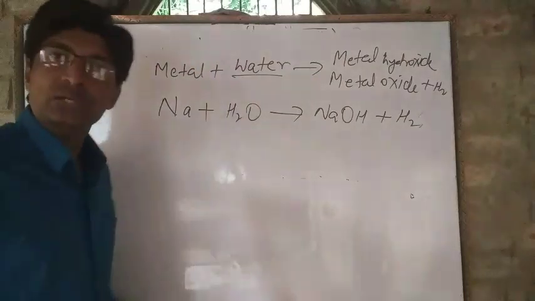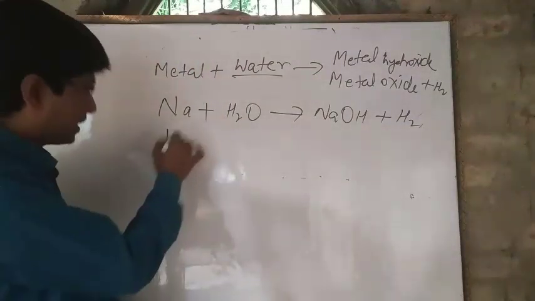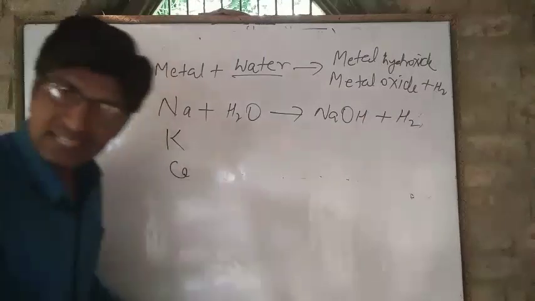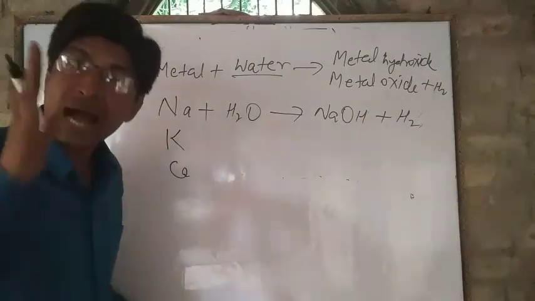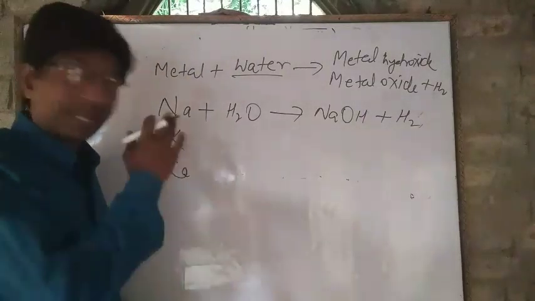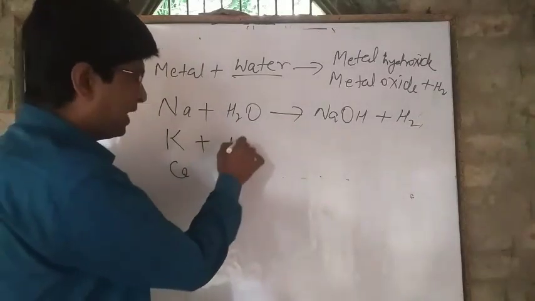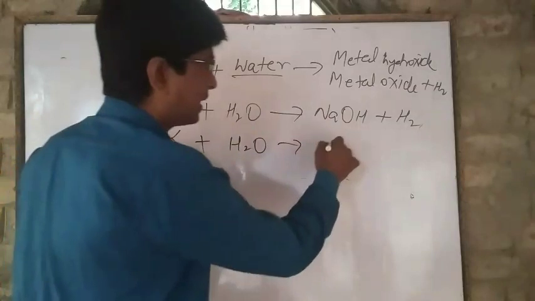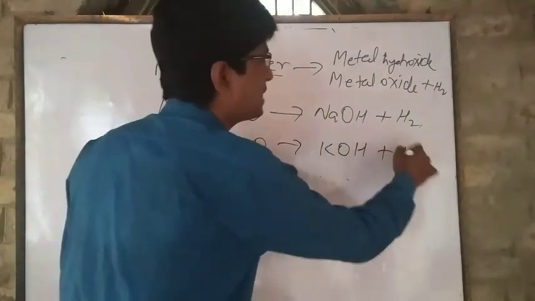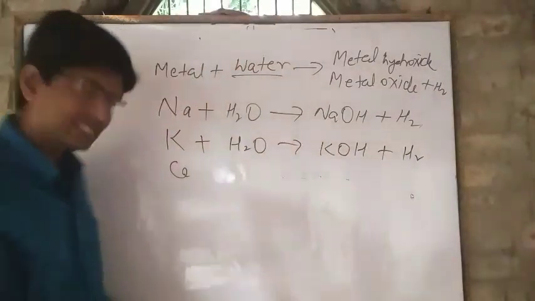Dear students, you must remember that sodium, potassium and calcium, these three highly reactive metals, can react with cold water. In the same way, when potassium reacts with water, potassium hydroxide is formed and hydrogen gas is released.